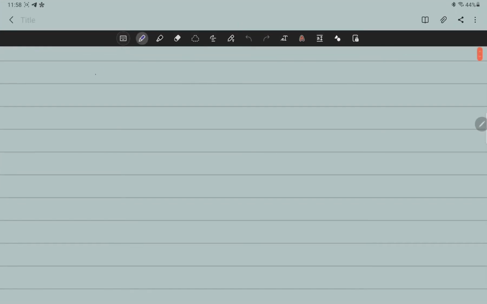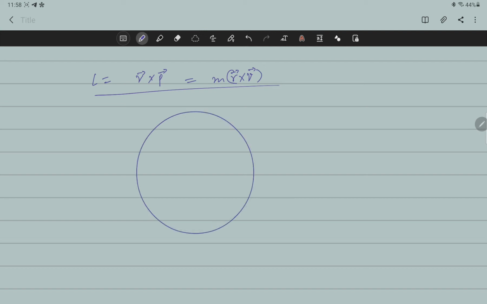So the angular momentum L is given by mvr. More clearly, we can write r cross p, which is m r cross v. So this is the angular momentum. In case of a circular orbit, r and p are always perpendicular.